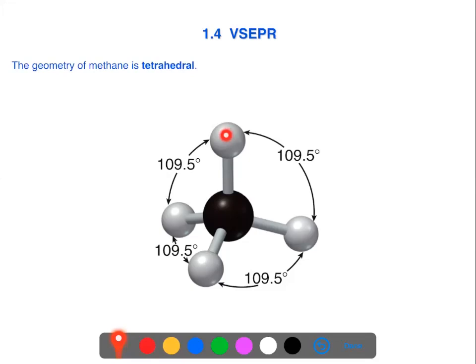Again, the reason for this is the repulsion between the bonding electron pairs between each hydrogen and the central carbon. Each bonding pair of electrons is trying to place itself at a distance that's furthest away from the other bonding pairs of electrons. And so that gives rise to this tetrahedral shape.